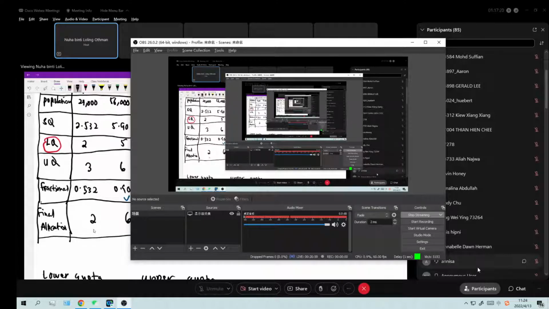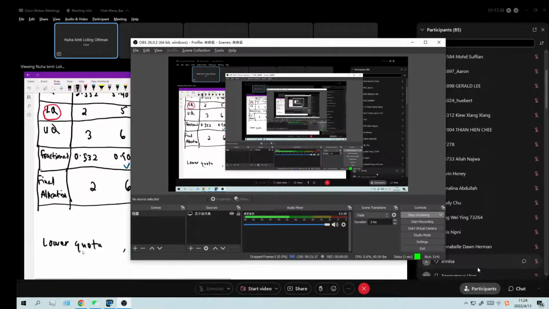Alpha gets 6 senators, gamma gets 3, and then delta gets 2, epsilon gets 7, and zeta gets 5, the senators that they have. So this is the Hamilton method. Very easy.